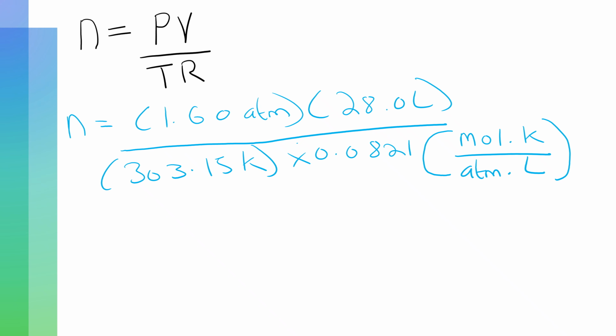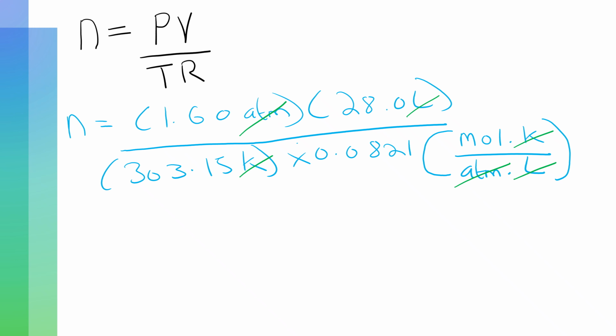Okay, so let's now cancel out the units we don't want for our final answer. We've got atmospheres on top and on bottom, litres on the top, litres on the bottom, Kelvin on the bottom, and Kelvin on the top. So the only unit we have left now is moles, which is the unit we want to include in our final answer.